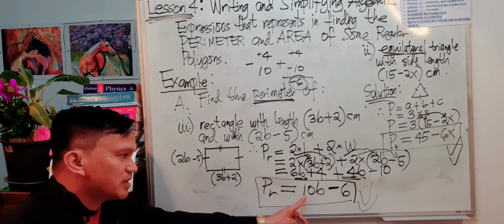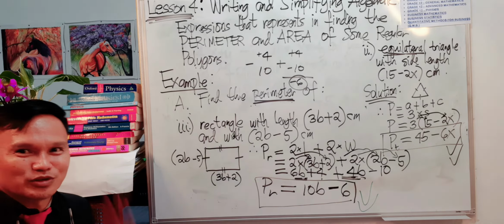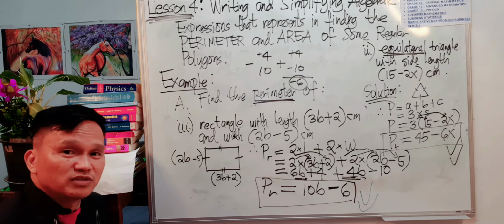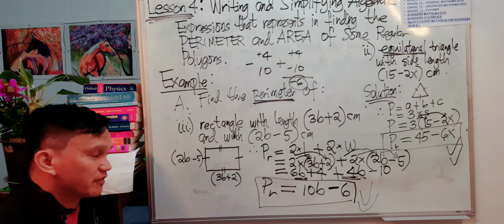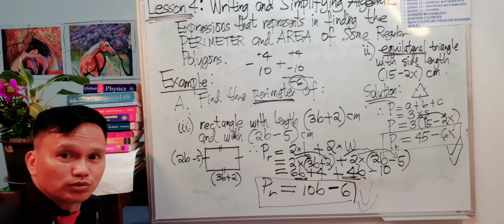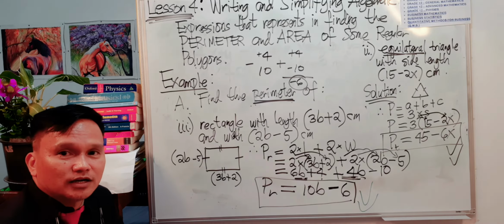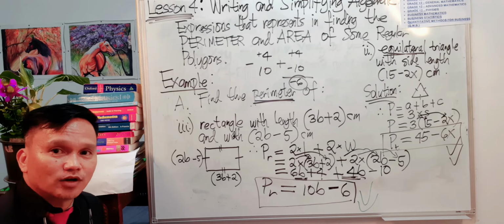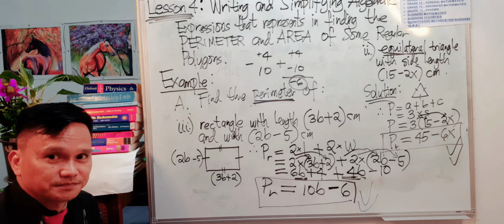So letter B may be written as 10b plus 6. You will get confused with that, so you have to be very careful. That's why you need to master the rules of working out mathematics in order to be guided on how you're going to work it out.